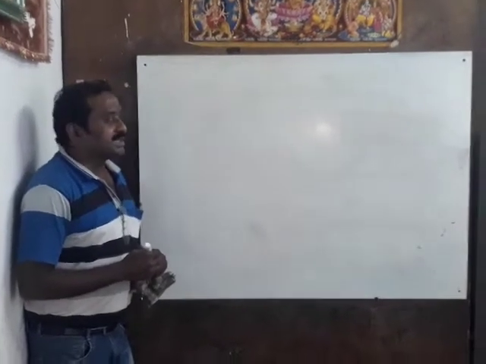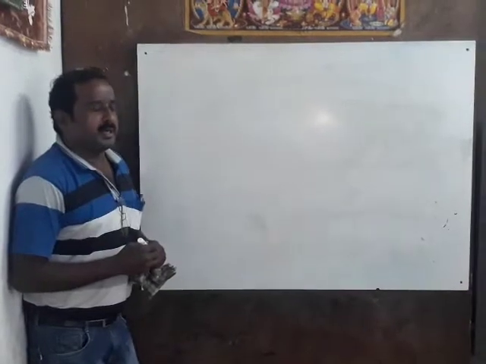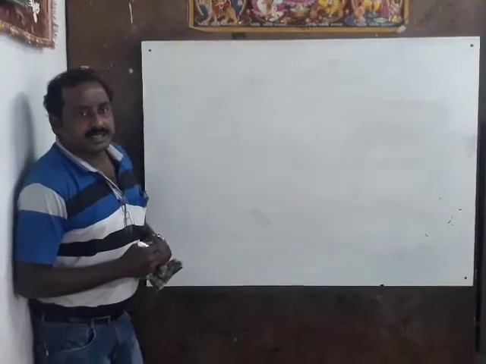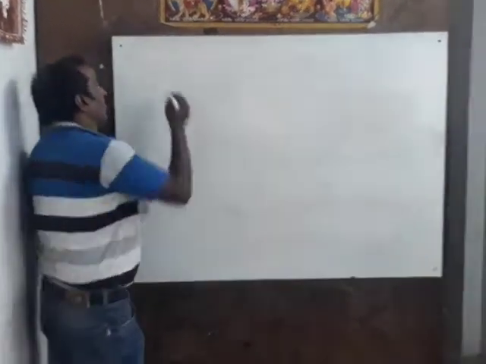So to understand Coulomb's law and Coulomb's law in vector form, let's take some examples. Example 1 goes like this.